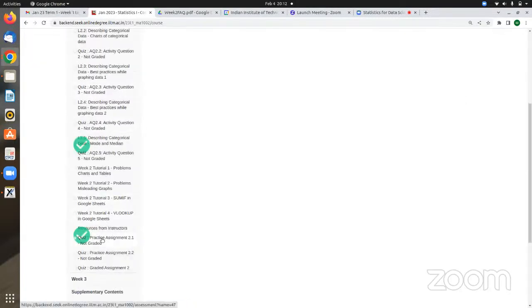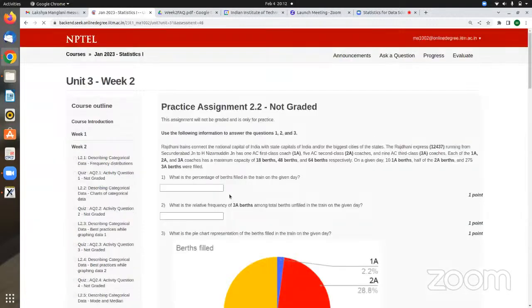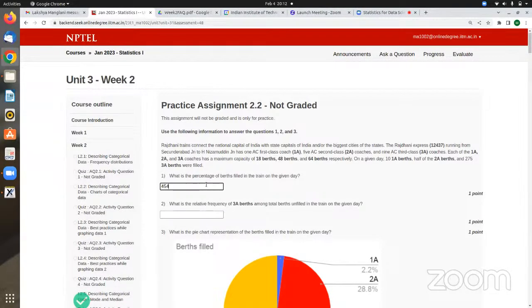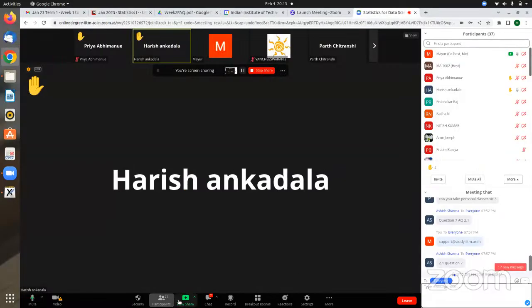And for some questions you have to enter the numerical answer, like this. So this is the numerical answer type. Only this kind of questions will be there: MCQ, MSQ, and where you have to put the values, the NAT. Subjective assignments, where you have to write an elaborate answer, are not there.